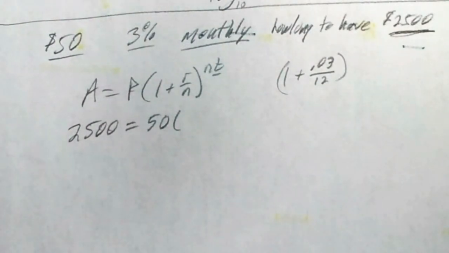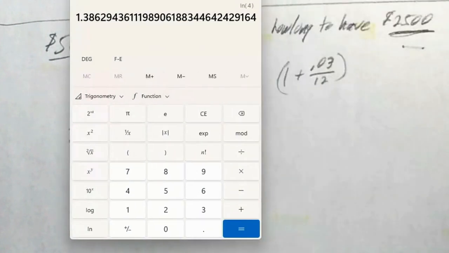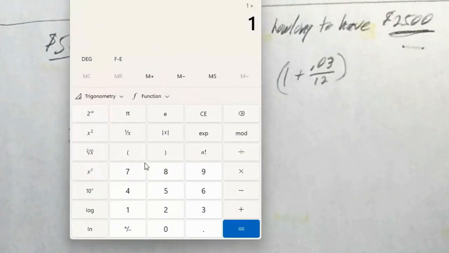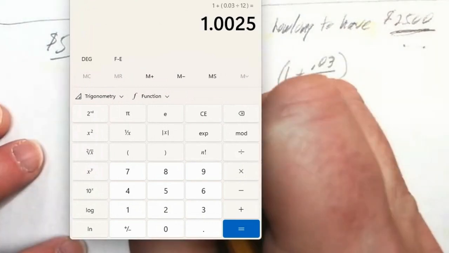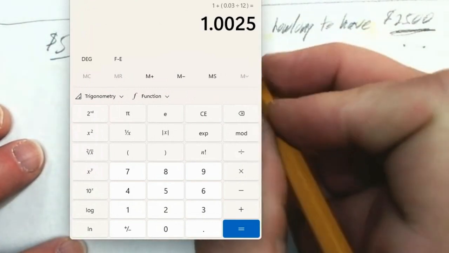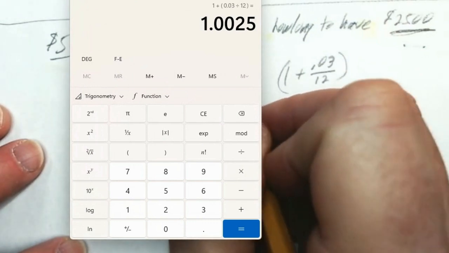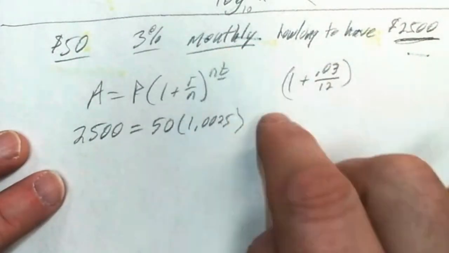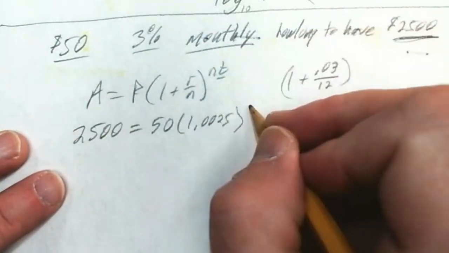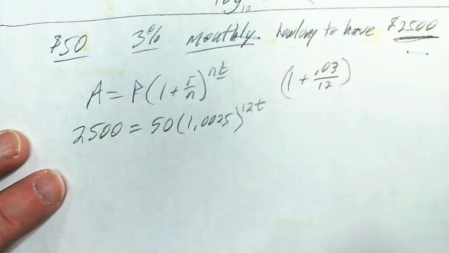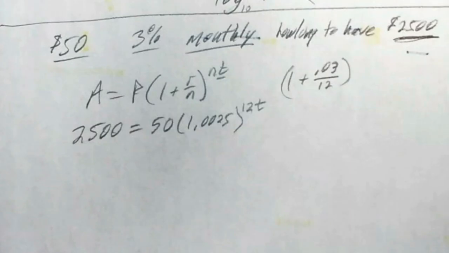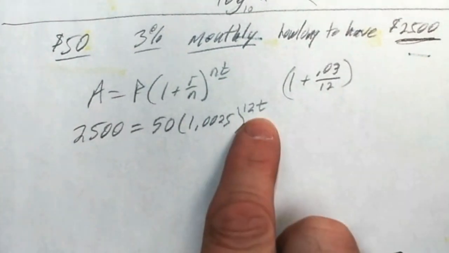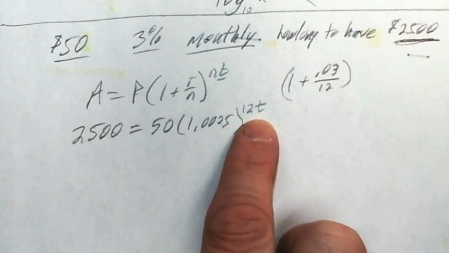Let's get a number for that. 1 plus 0.03 divided by 12 is 1.0025, to the 12t. So there's our problem, and we need to find out how much time it's going to take us to get $2,500.